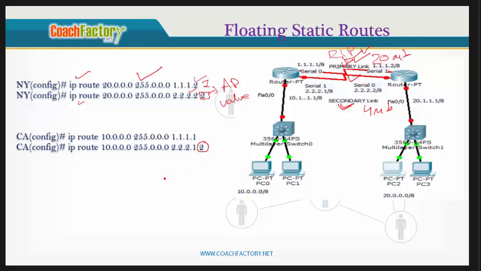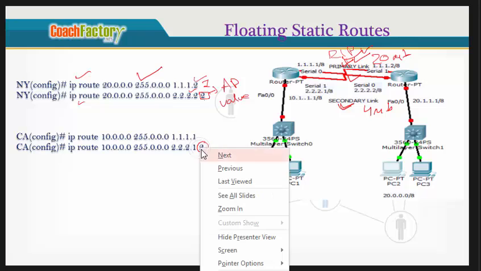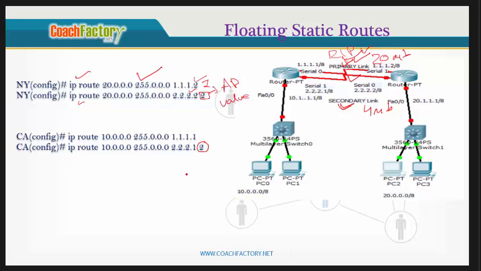So how can we give this command? After you write ip route, destination network, followed by the subnet mask, then the next hop, then you simply need to write any number which is greater than 1, because by default 1 is the administrative distance value of all static routes. So if we want to use any connection as primary, we should not write anything after that, because by default it will take 1 as the administrative distance value.